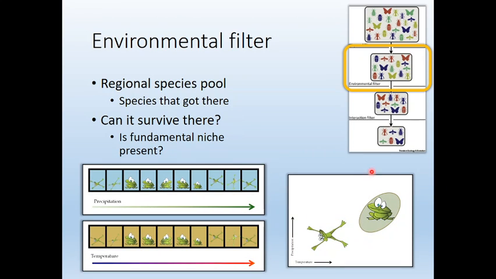So if we take this idea, we've seen these depictions before, but this frog here needs a certain amount of precipitation to survive. It can't live in super dry environments or super wet environments. So this frog needs some sort of intermediate level. And when we think about that fundamental niche, then, does the specific habitat have that fundamental niche present?